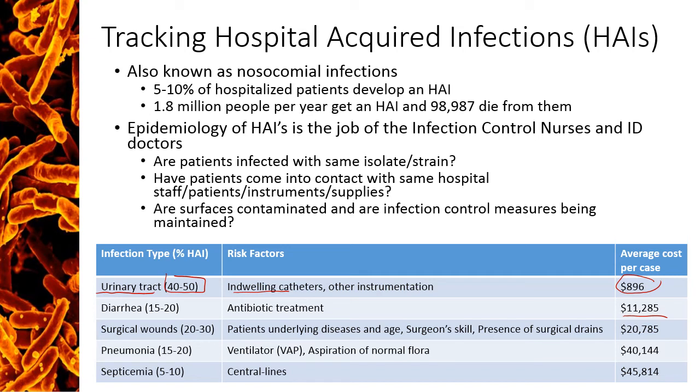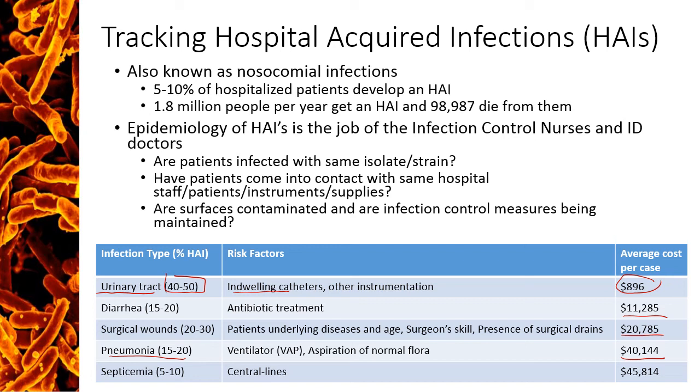20 to 30% of surgical wound infections are hospital acquired. This has a lot to do with the surgery itself and the patient's underlying diseases, but each one of those costs over $20,000 per patient. Up to 20% of pneumonia cases are hospital-acquired infections. Most of these are what we call VAP, or ventilator-associated pneumonia, and those are extremely costly because they're hard to treat, about $40,000 more per patient.